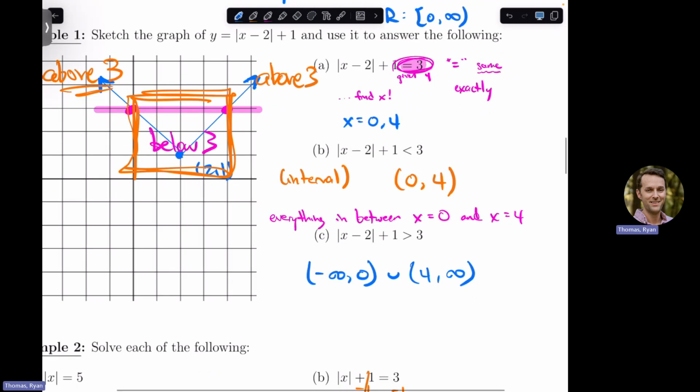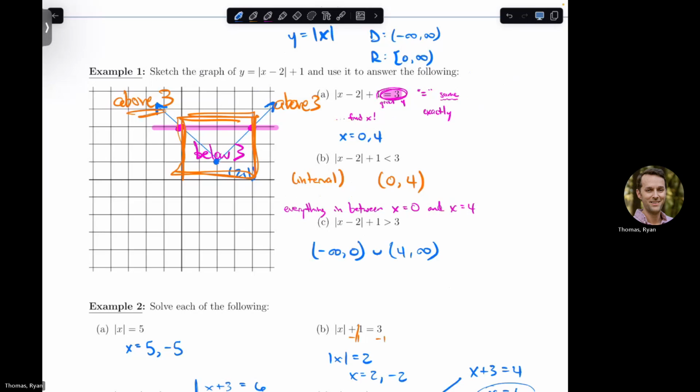Okay, so solving inequalities. That graph.